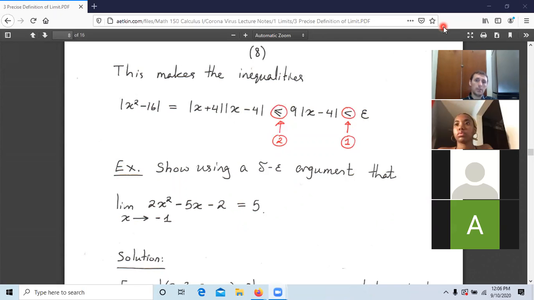That's a good step. And then the question is, what's the delta? What delta might you pick?